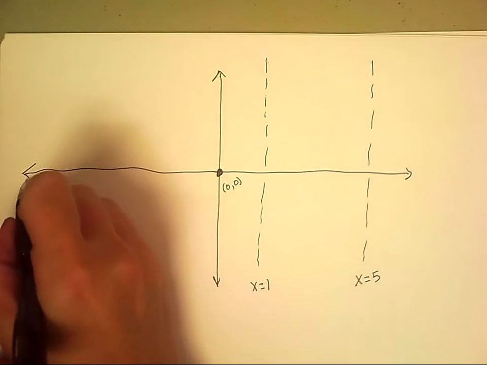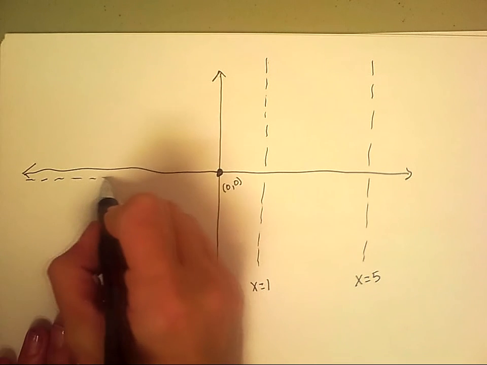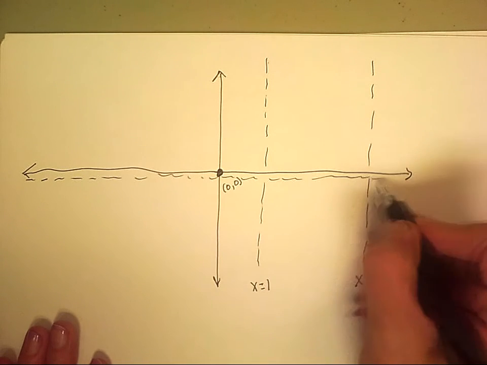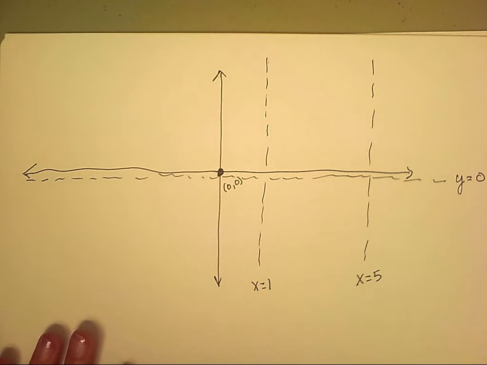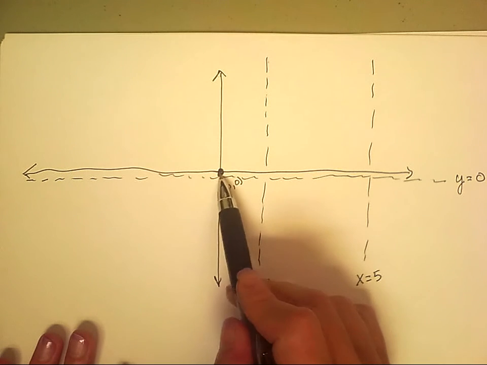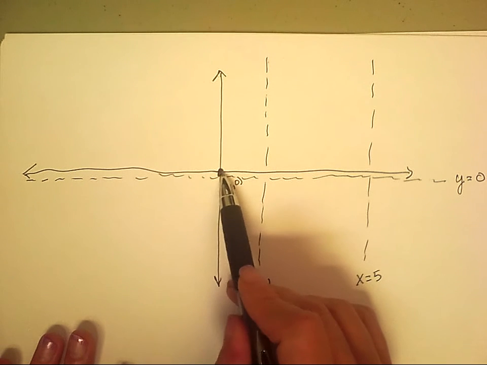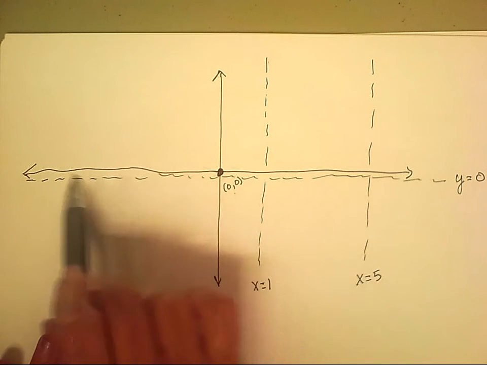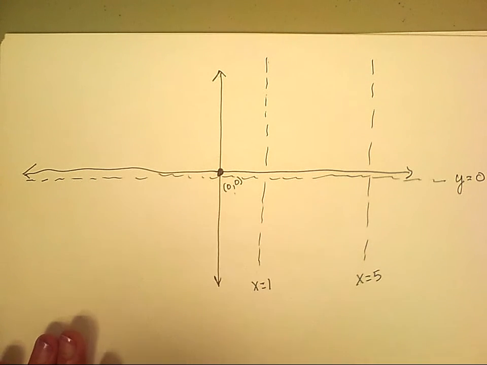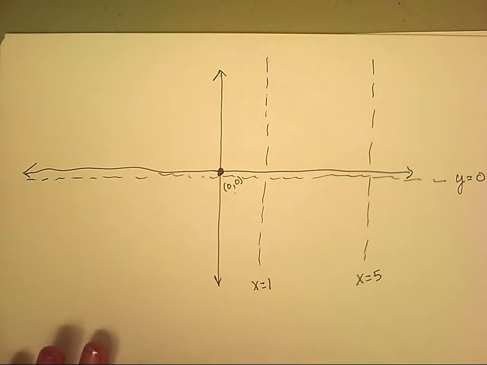The horizontal asymptote is y equals 0. In this case you can see that this graph actually crosses the horizontal asymptote, because it's in this very small area. It's not out here at infinity.